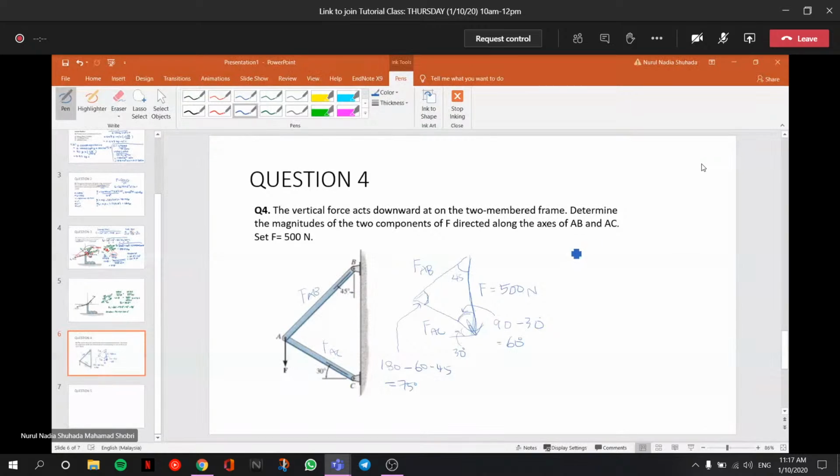Okay, since we already have all the angles, we can simply find force AB and also force AC. If we use the sine rule, the angle opposite to force AB would be 60.